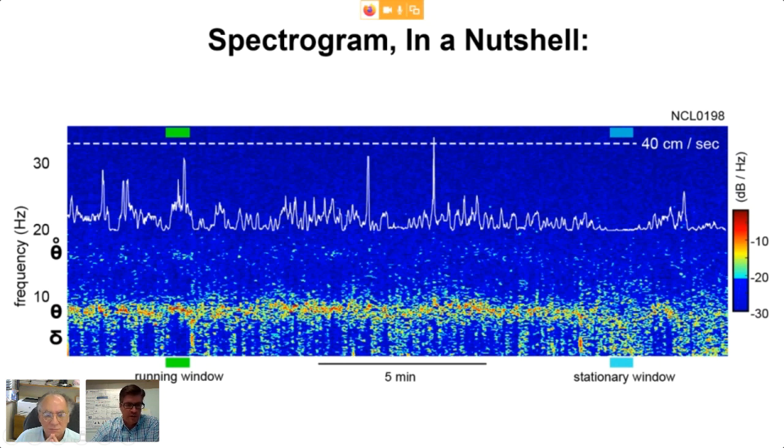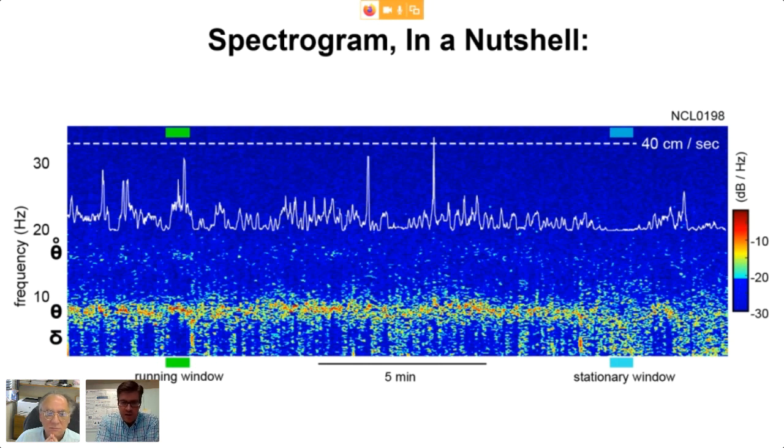So this is theta indicated at about 8 hertz. And when the rat stops moving, you see what I think of as looking like a rainstorm or something like that. You see delta raining down from theta at these moments. Now, there's a couple of caveats to looking at a spectrogram. One is that you have a time window across which the power spectrum is taken.